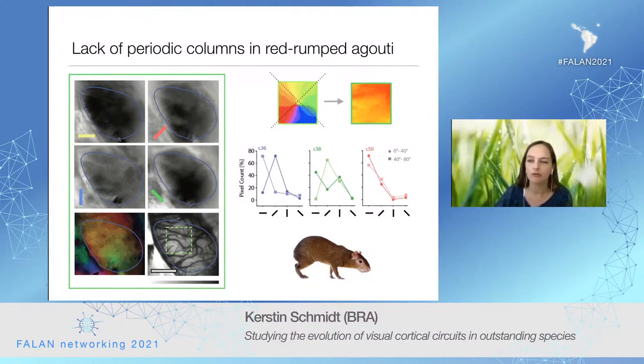However, those neurons do not seem to be clustered in groups and do not seem to produce orientation preference columns. Rather, there's a homogeneous activation all over the place. And as you might see, there are some orientations which the agouti neurons seem to like more than other orientations. In fact, these are the more horizontal, oblique orientations.